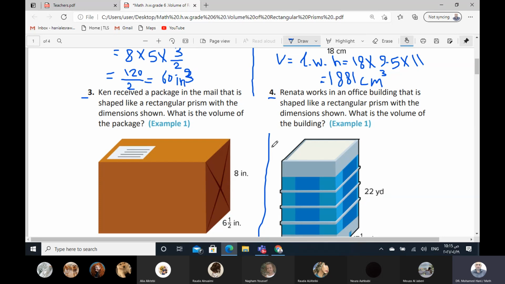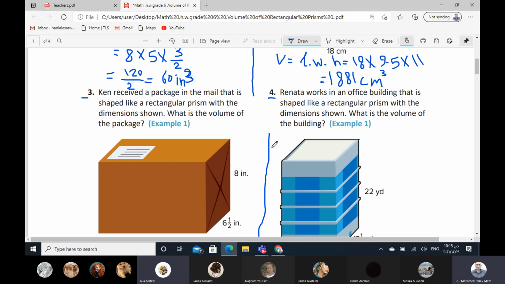Alia, can you read it? Yes, sure, Mr. Renata works in an office building that is shaped like a rectangular prism with the dimensions shown.